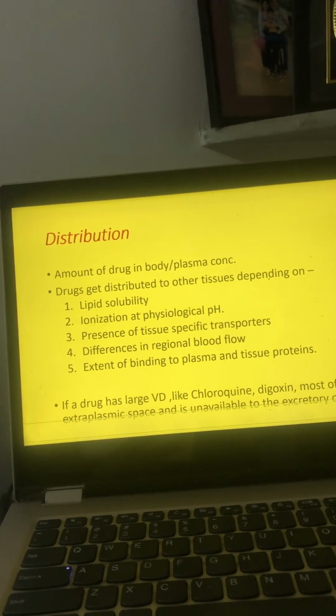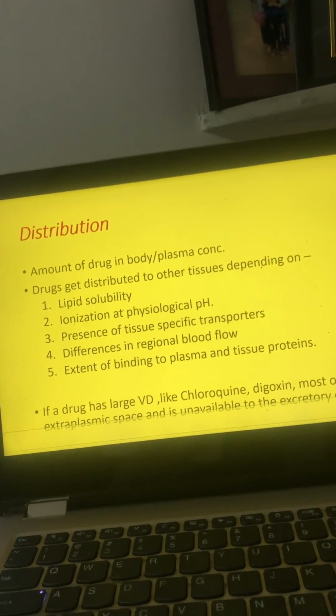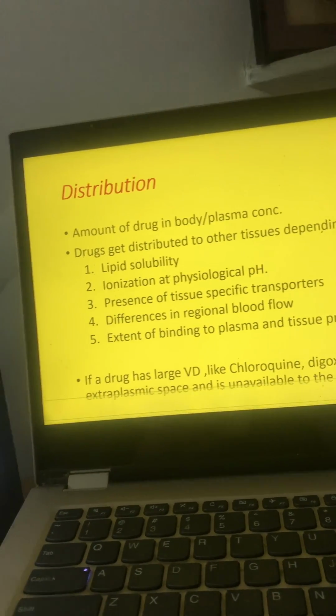If bioavailability by the oral route is low, it has to be given parenterally, for example lidocaine and phenytoin.